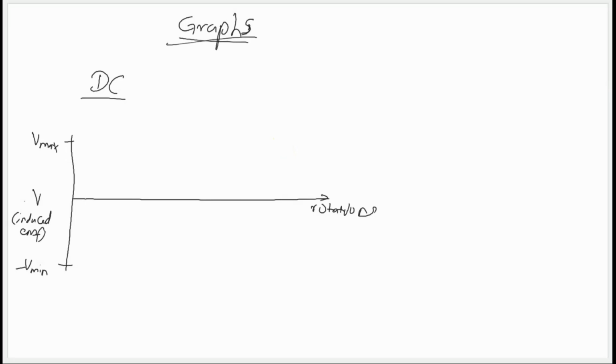But for DC, since we said that the direct current does not change direction, the graph will look like this. Okay, you will have a starting point wherein the loop will be in some position between the magnets. So here I can say that the position will be vertical.